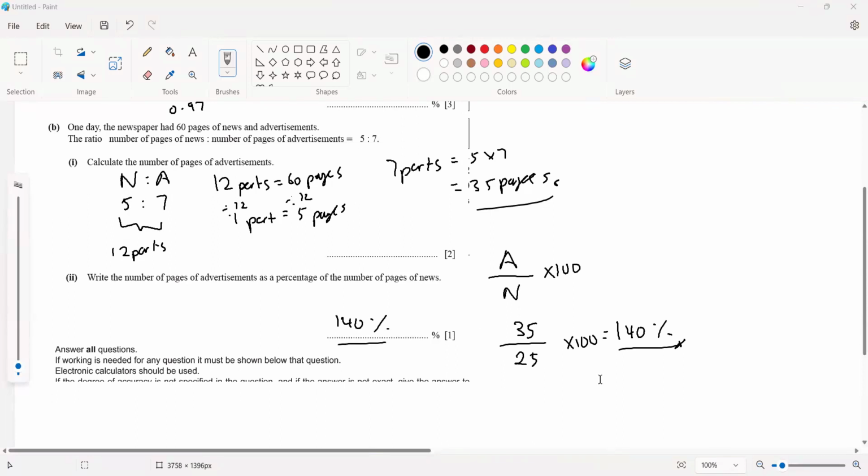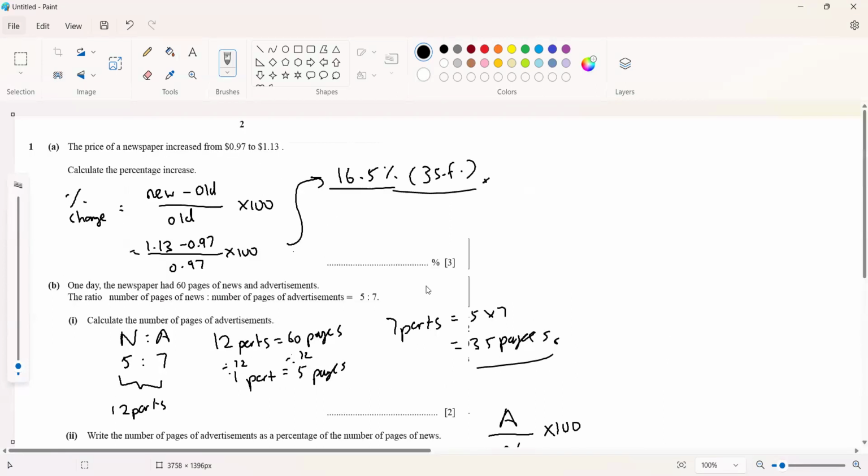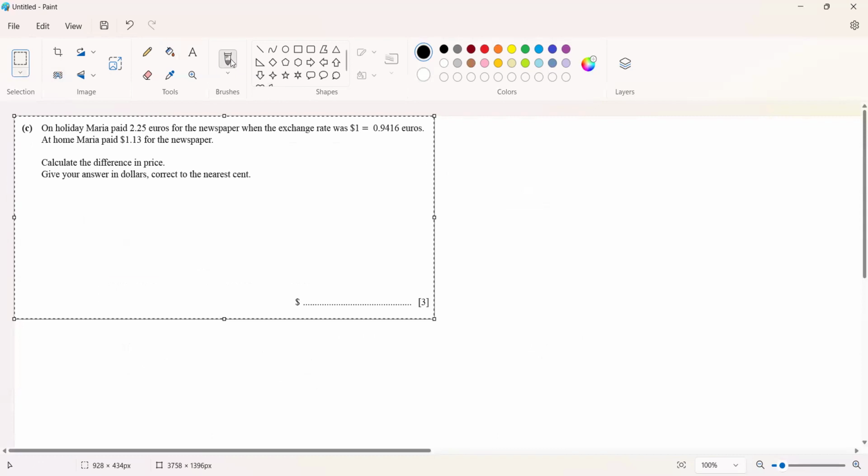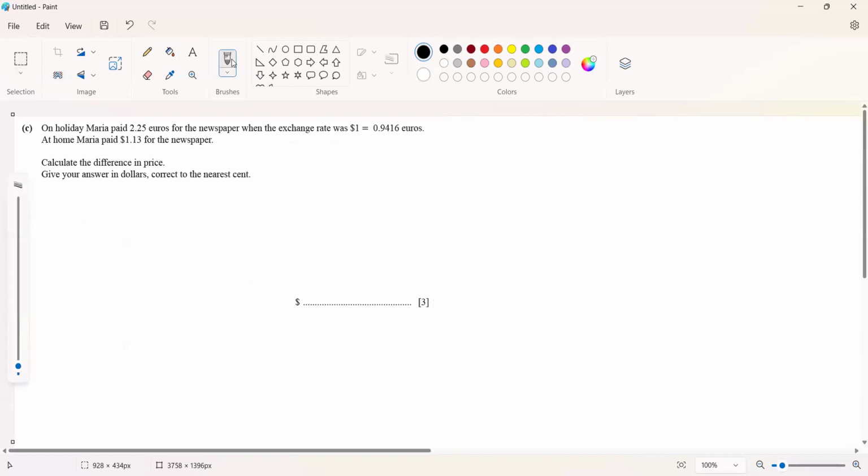Moving on to question number 1C. We are doing a currency conversion. Maria paid 2.25 euros for the newspaper when the exchange rate was $1 to 0.9416 euro. At home, Maria paid $1.13 for the newspaper. Calculate the difference in price.